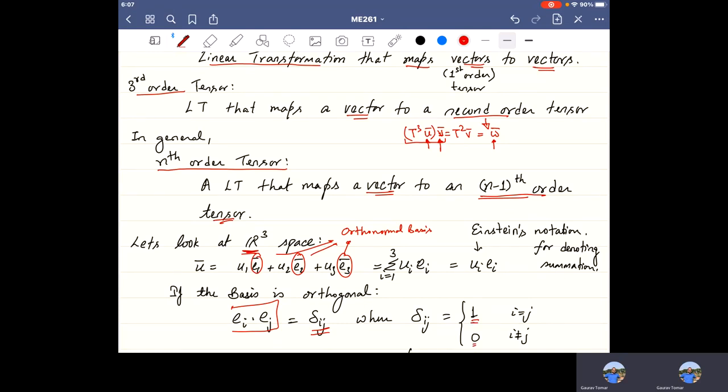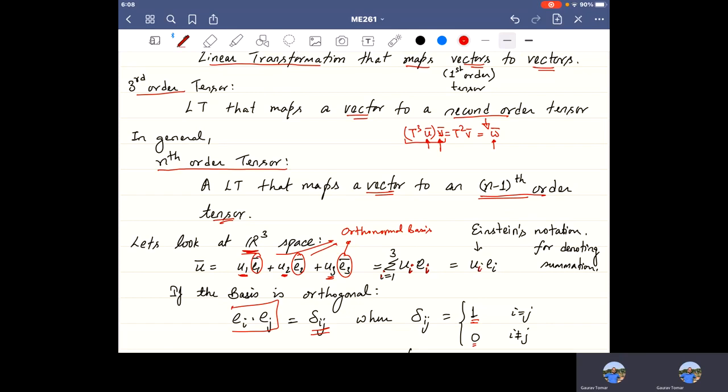Vector u can be represented in terms of a component corresponding to the first basis vector, the second basis vector, and the third basis vector. So you can put it in summation form as u_i e_i, where i runs from 1 to 3. This is a summation form using an index. Einstein said that a lot of times you have all these summations coming everywhere, so what's the point of writing them all, because it becomes tedious.